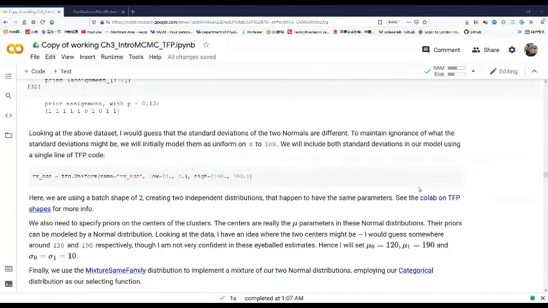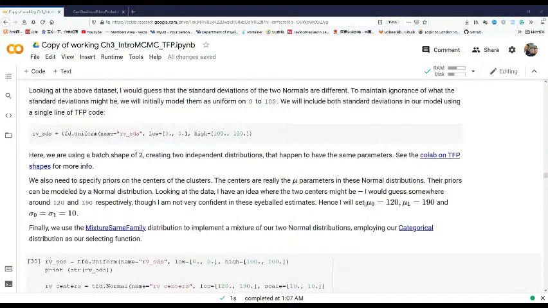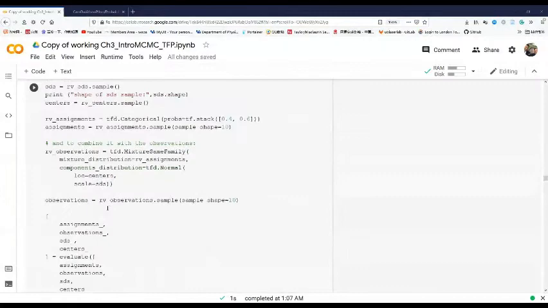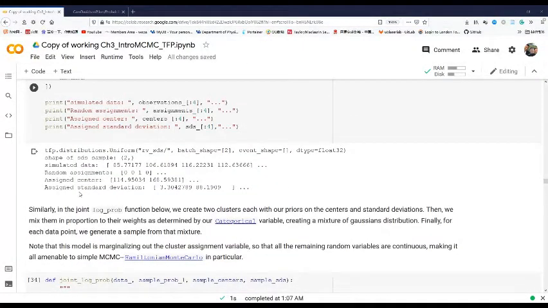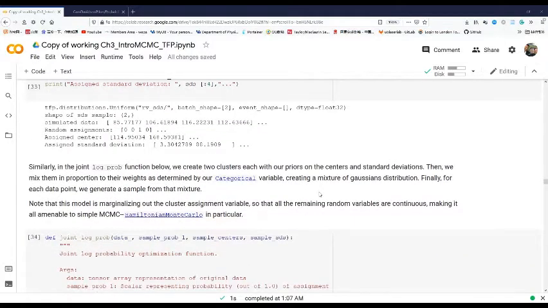Then we also make some guess about the mean and the standard deviation of those distributions. Finally, we have some simple result here. This doesn't look bad, but it's just a quick result to further simulate our data and also to see how we are getting closer and closer to the correct result.